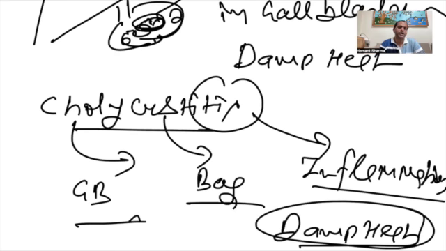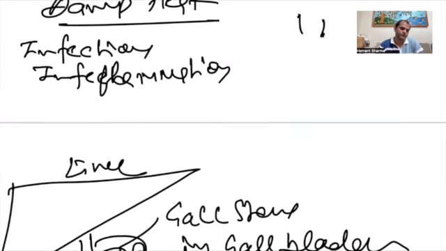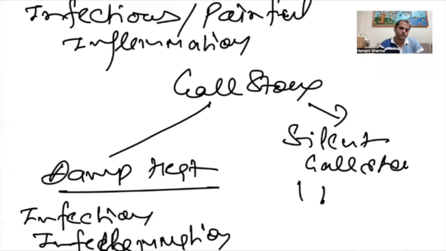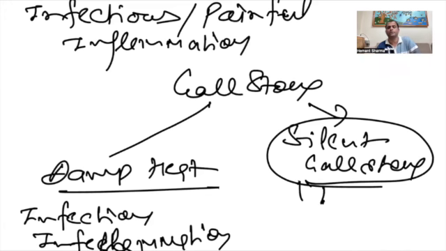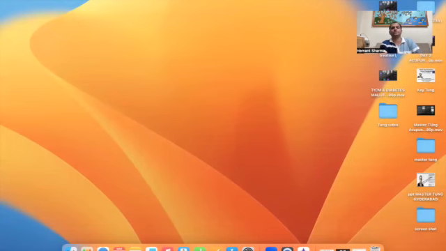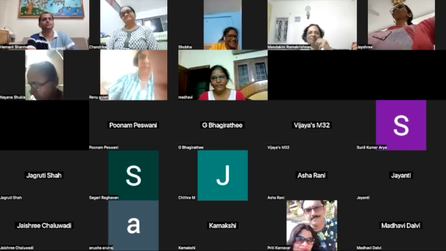तो डैम्प हीट का मतलब है कि जब गॉलब्लैडर के अंदर इन्फ्लेमेशन है, अगर गॉलस्टोन शांत है तो ये डैम्प हीट नहीं है. Silent gallstone is not damp heat. One person might be having gallstone and it's silent throughout life, not creating any complication. Even the person does not know throughout life that he was suffering with gallstone.